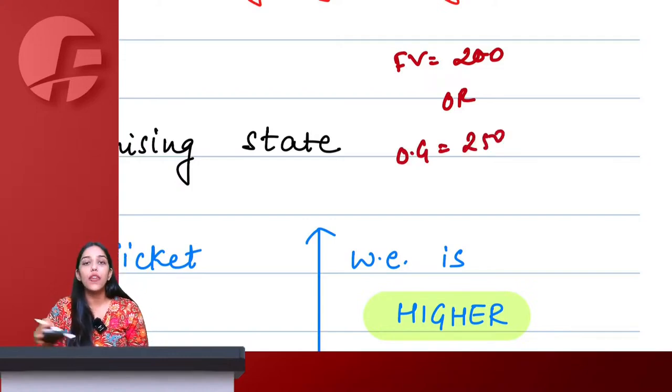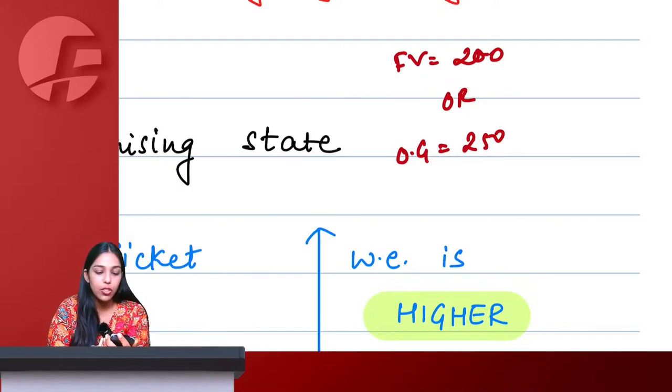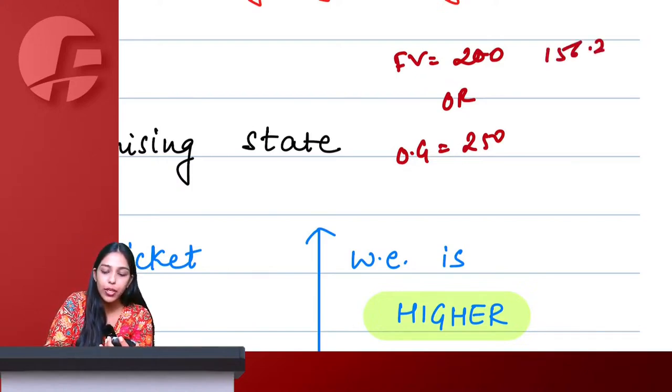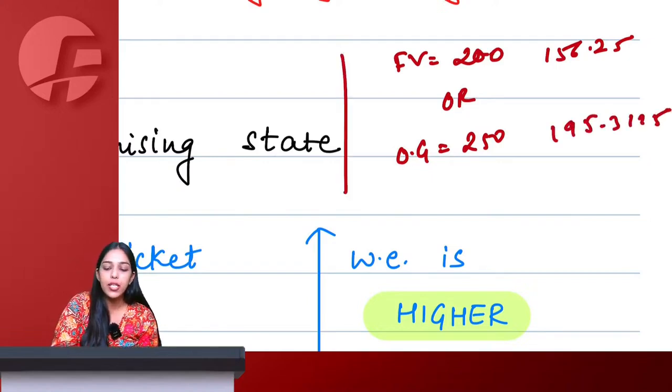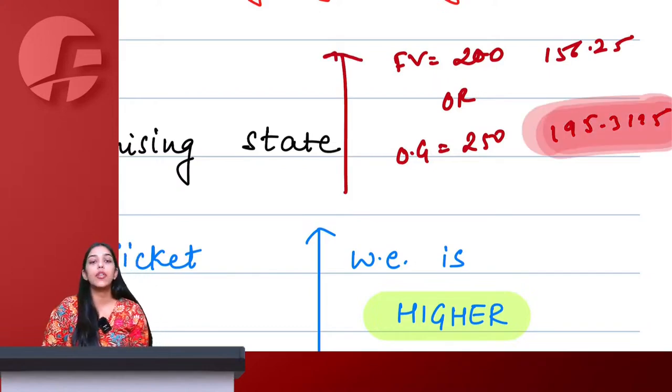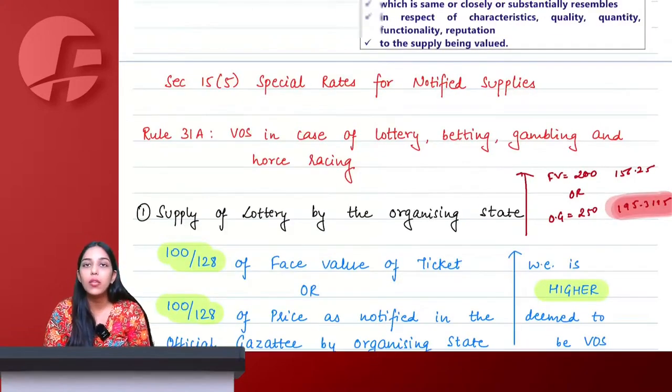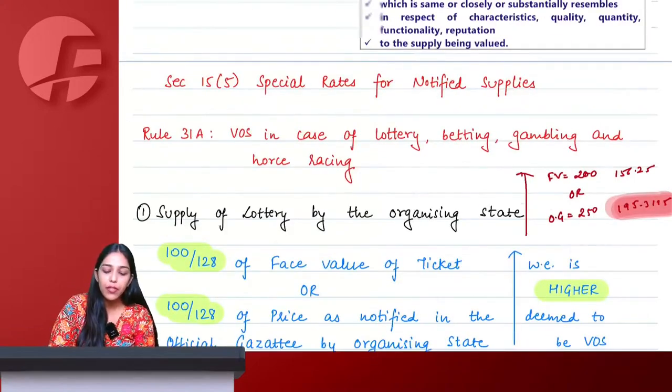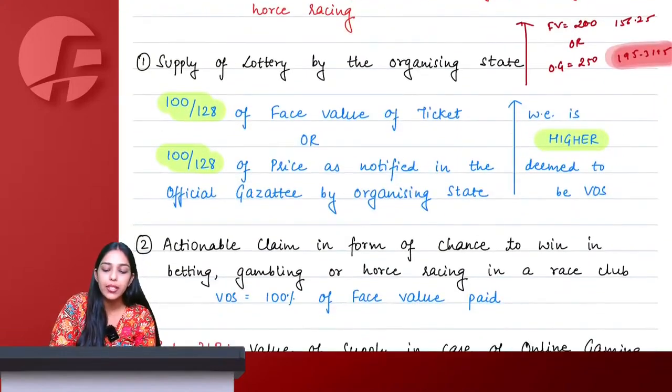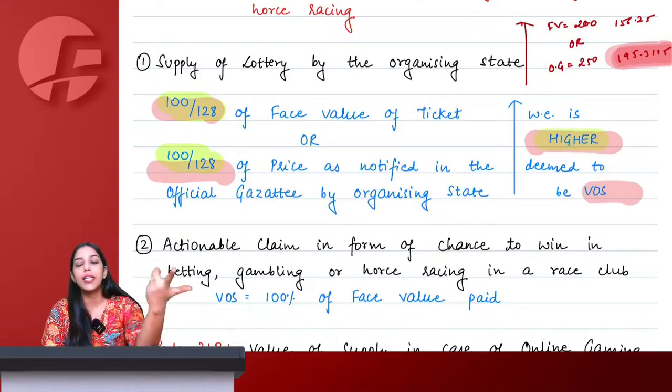Then you will consider both of them to be inclusive of GST, which means 200 divided by 128%, which comes to 156.25, and 250 divided by 128%, which comes to 195.3125. Whichever is higher, which is 195.3125, that becomes my value of supply. So face value of ticket or price notified in the official gazette by the state government, whichever is higher, deemed to be inclusive of 28%, you make it exclusive, and that becomes your value of supply.